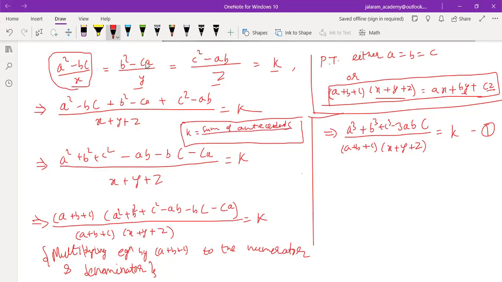In case of a ratio, the first term is called the antecedent and the later term is called the consequence. So k equals sum of antecedents upon sum of consequences. Is that clear to you? Now, from the given ratio, write the given ratio again.